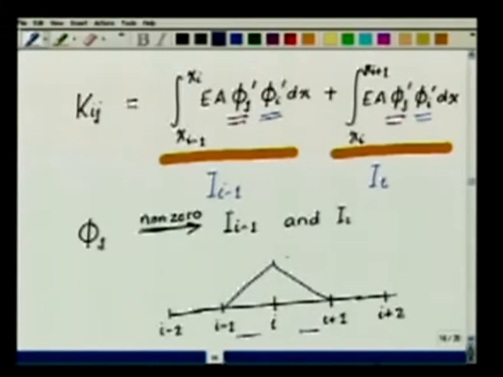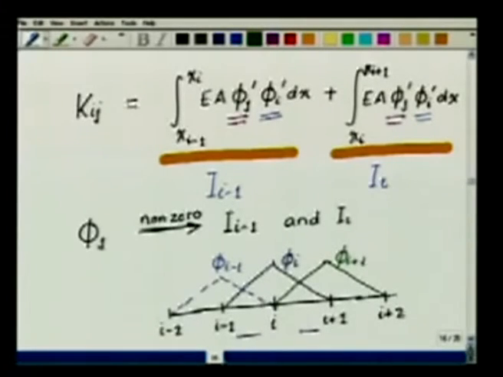So one phi which is non-zero is certainly phi i. The other phi which is non-zero here is this one, phi i minus 1, and another phi which is non-zero here is phi i plus 1.